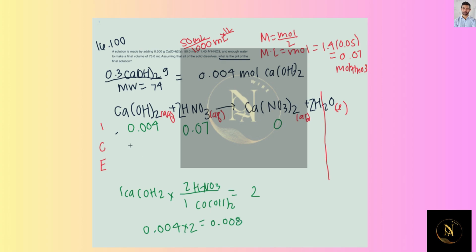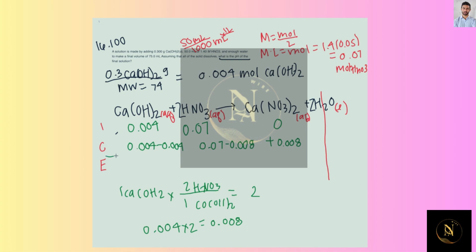Here we're losing 0.004 moles of Ca(OH)2, here we're losing 0.008 moles of HNO3, and here we have the addition of 0.008.